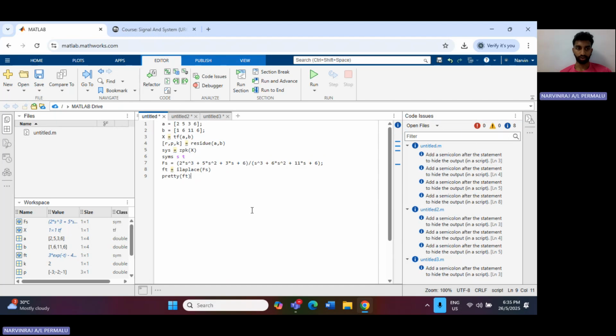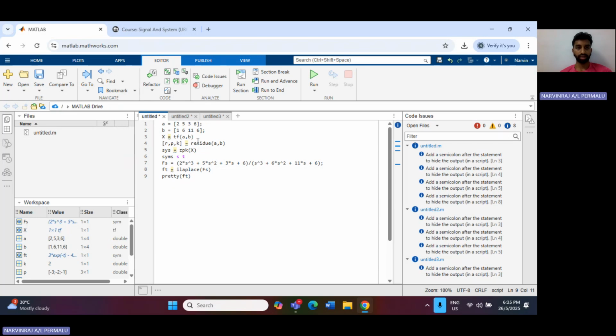Now I would like to explain this coding. First, A equals 2536, and then B equals 16116, and X equals TF(A,B). Here I define the numerator and denominator of the transfer function as vectors.